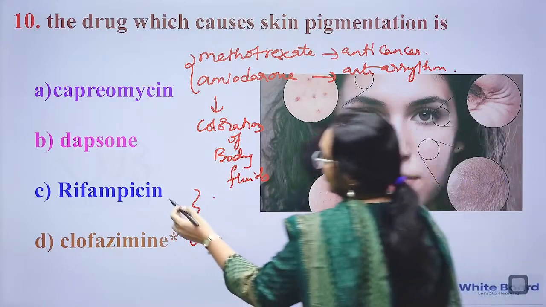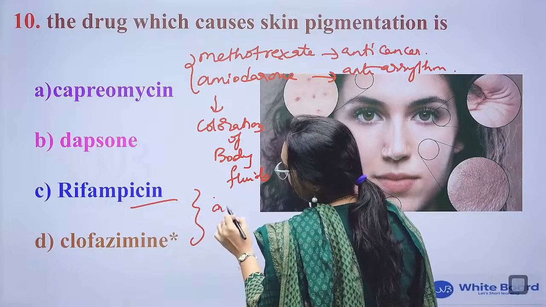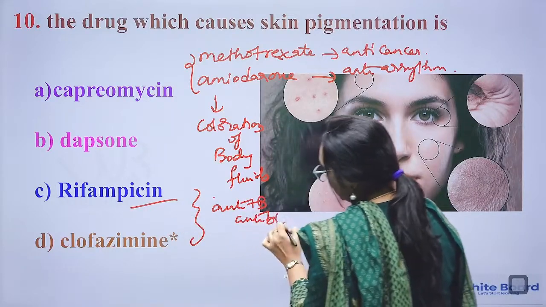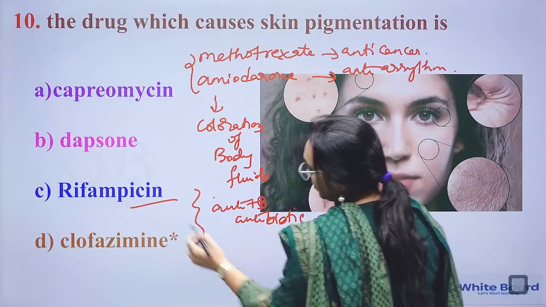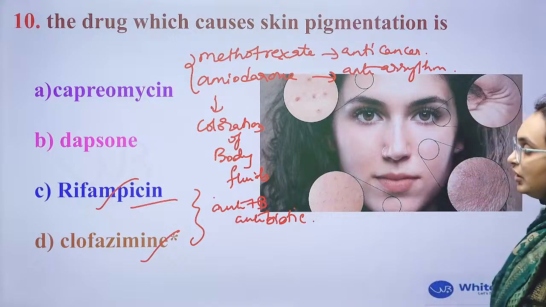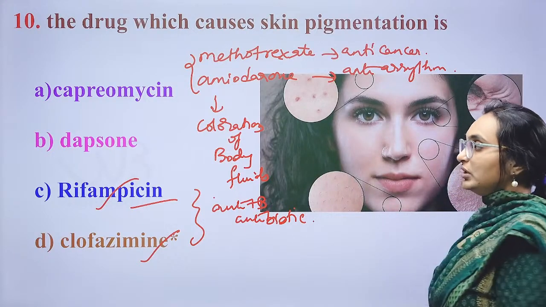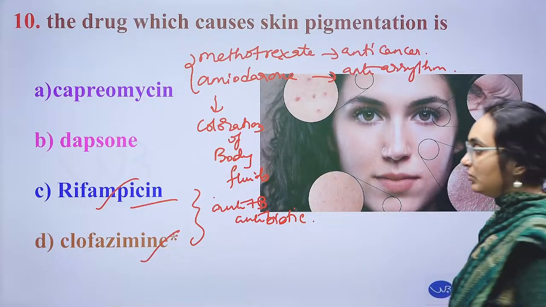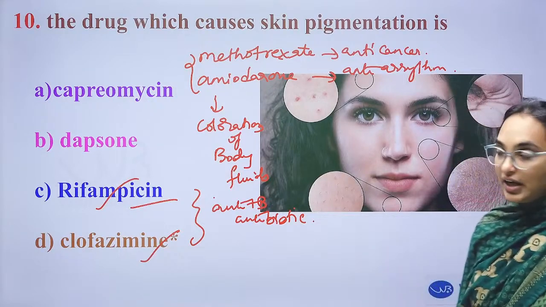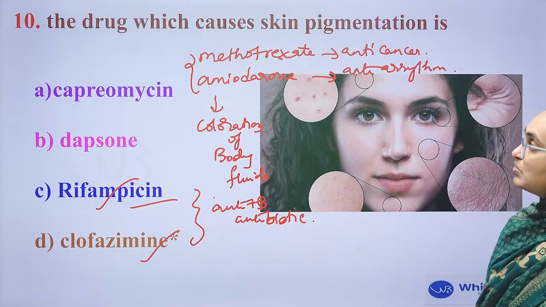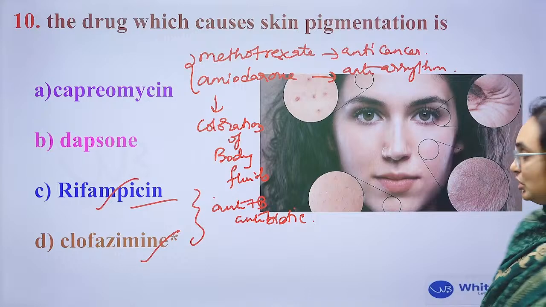Rifampicin is an anti-TB drug, an antibiotic. Here the option is clofazimine and rifampicin, which cause coloration of body fluids like sweat; these are lightly dye colored. Even methotrexate and amiodarone are responsible for skin pigmentation.